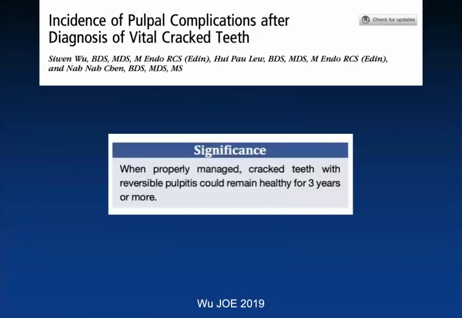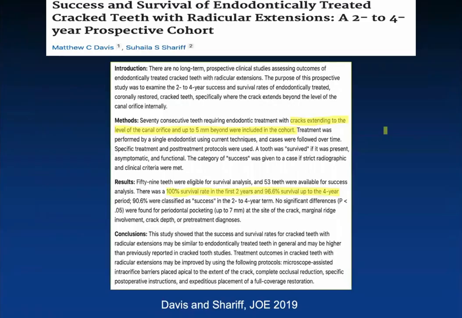Another evidence, properly managed cracked teeth with reversible pulpitis could remain healthy for 3 years or more. Another evidence, this is about teeth that have cracks already that extend to the orifice, up to 5 millimeters beyond, that were included in the cohort study that they did.